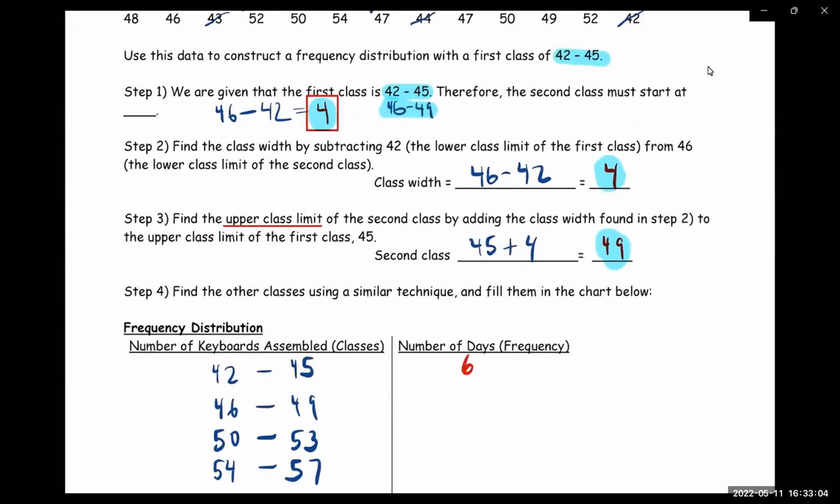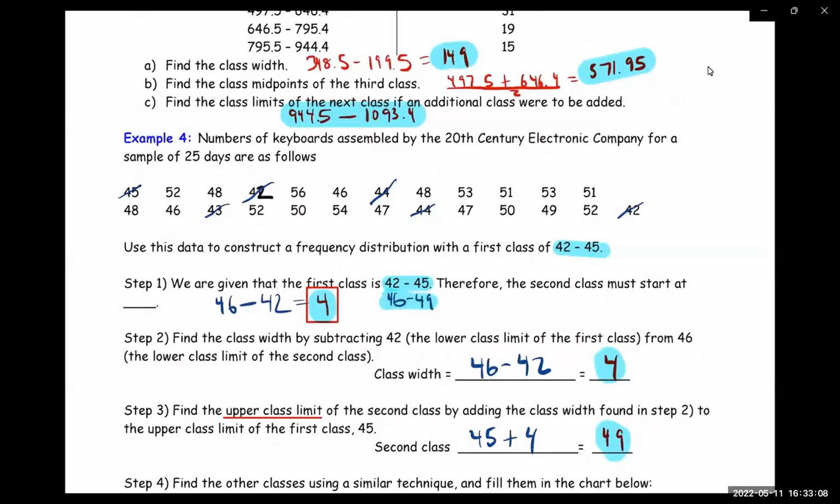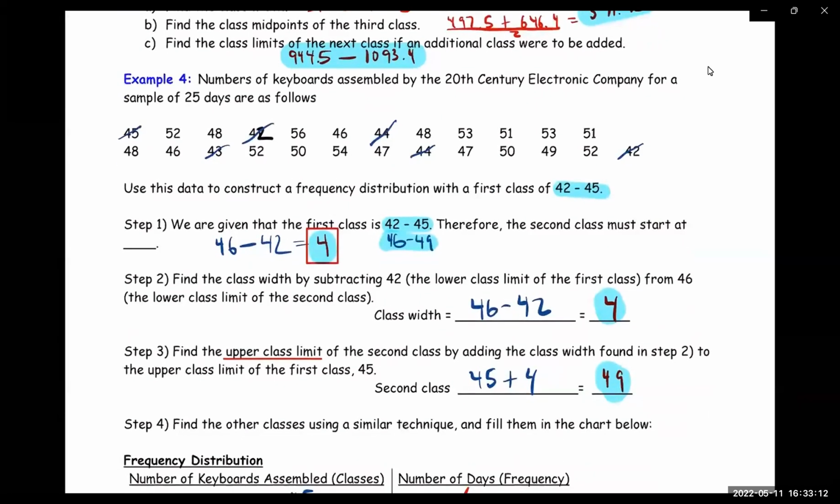Let's move on to the next class, 46 through 49. So 46 through 49 would be 1, 2, 3, 4, 5, 6, 7, 8.